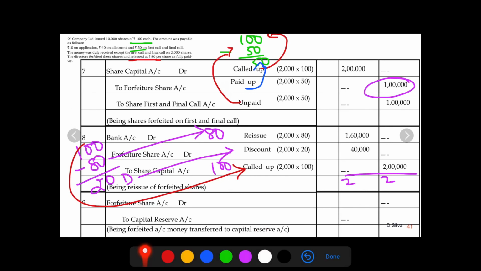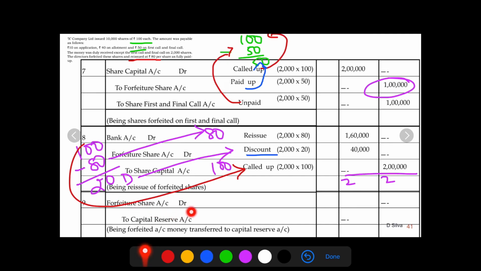So what exactly is this capital reserve and why is the forfeited share account being debited? If you look at it, students, we have got a credit balance of rupees 1 lakh on which already the company has received the money. Now this money is being adjusted against the debit balance which is being discounted. Hence, the company is going to gain out of it.